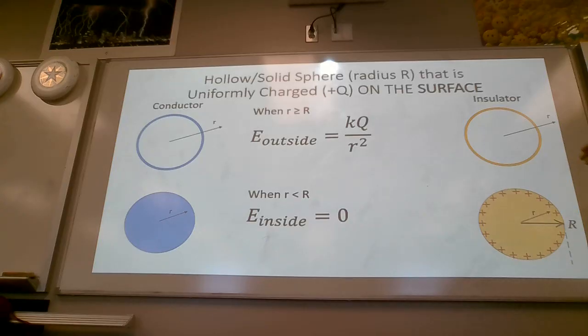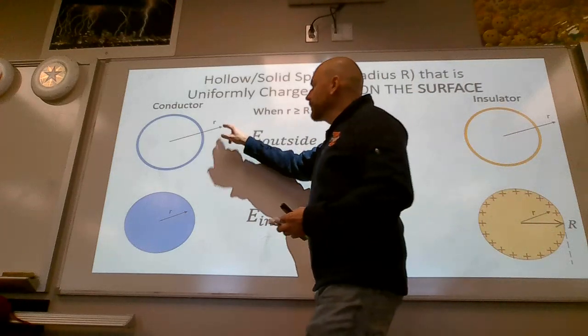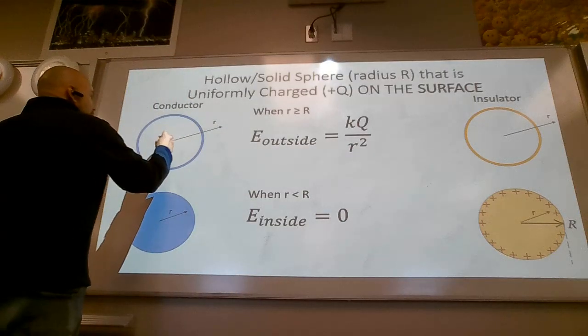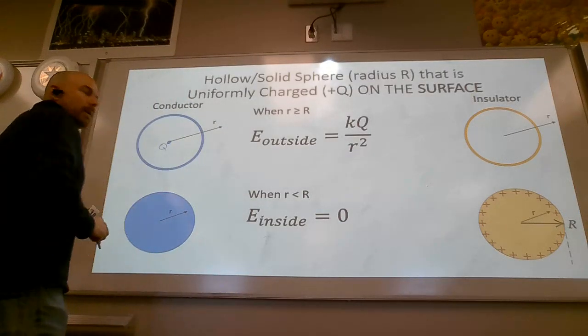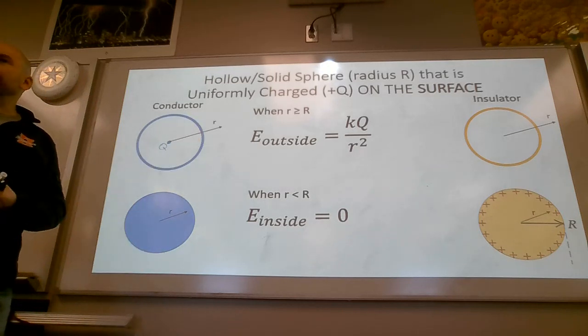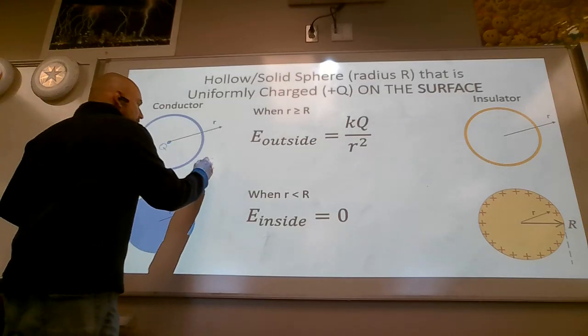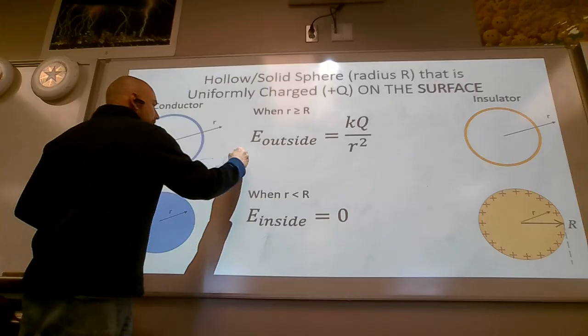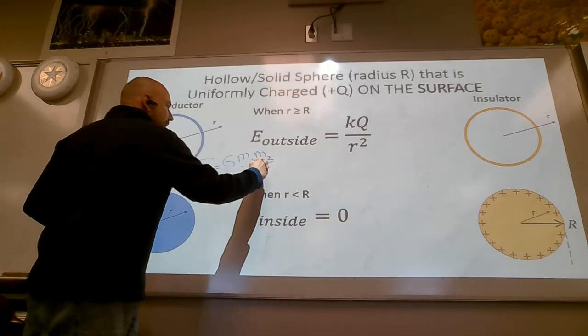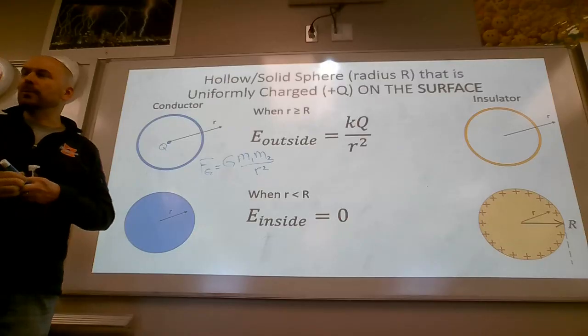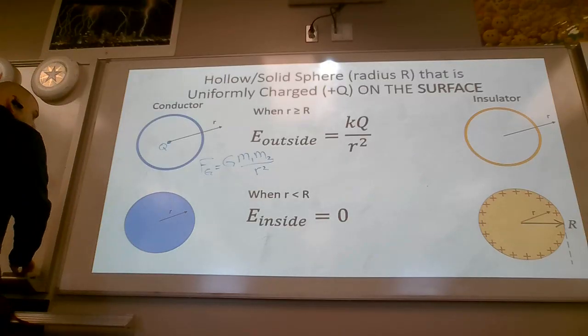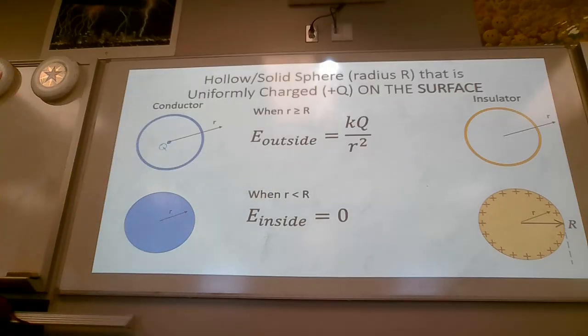Beyond that, out here, this behaves like a point charge where the charge would be at the middle, that far away. Just like with the planet, we can say that gravity behaves just like the masses are located at the center of mass. That's the distance between the centers. Good with that? So spheres that have stuff on the surface, like uniformly distributed, that's a happy place.